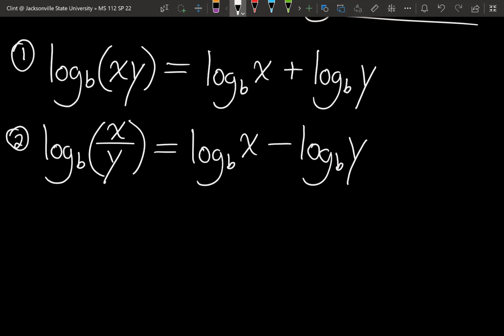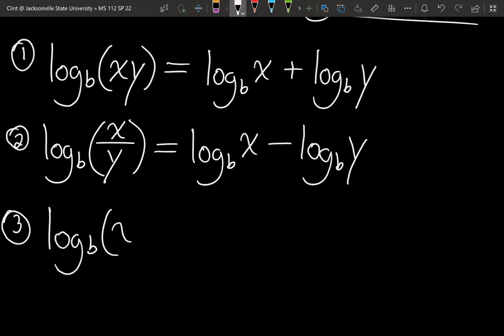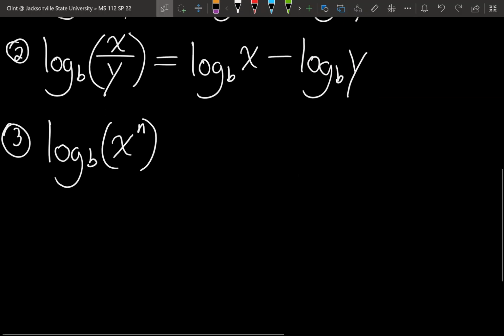And then one more. Property number 3, if we're just dealing with one logarithm. If we have log base b of x to some power, n power, then we can rewrite that: the n can come out front.